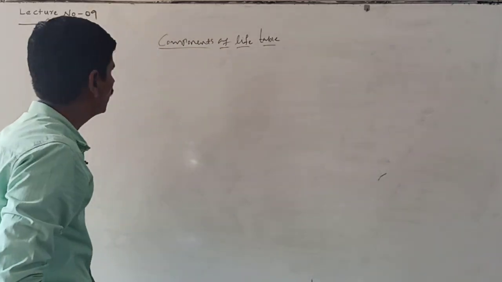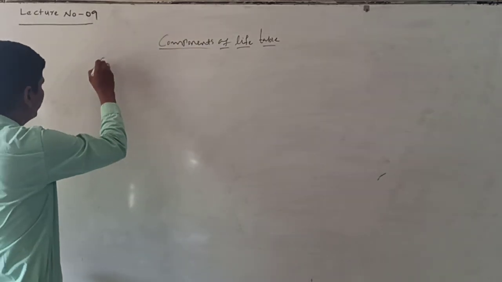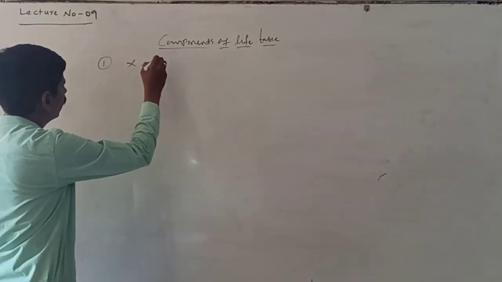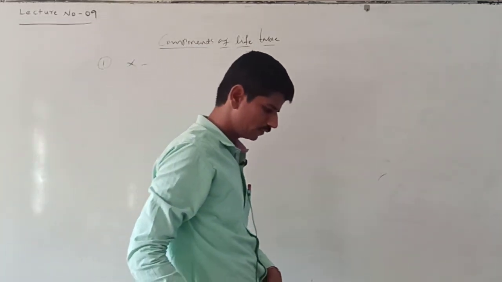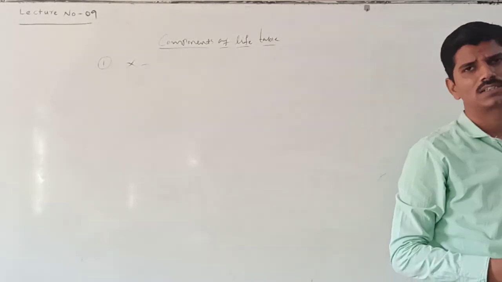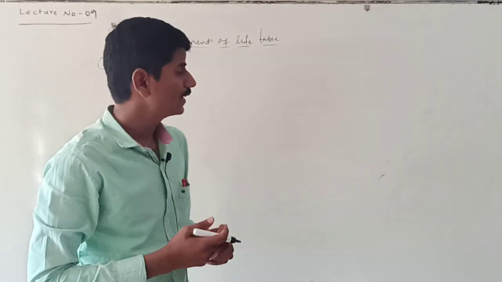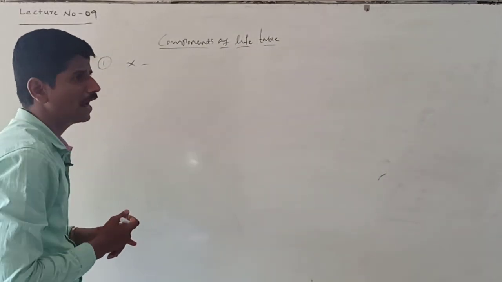There are totally 8 components. The first component is capital X. What does it indicate? Here X is the number of age groups at age X.